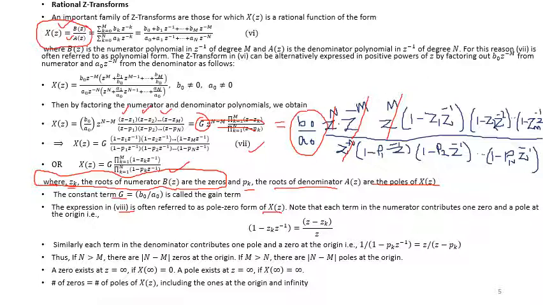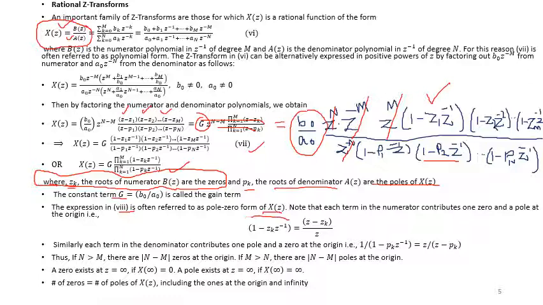And each term in the numerator contributes one zero, and similarly each term in the denominator contributes to poles.